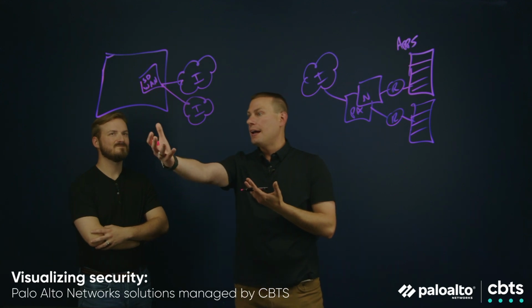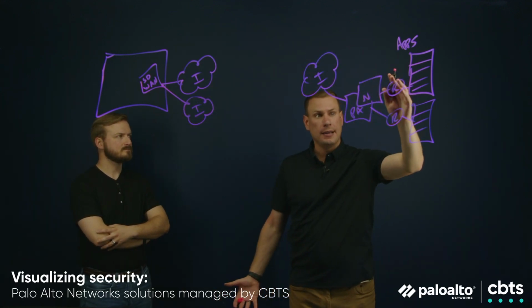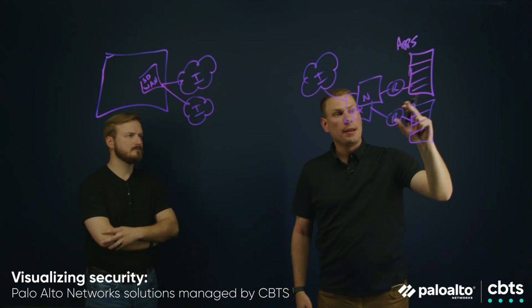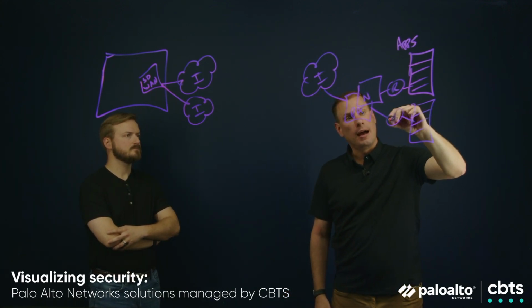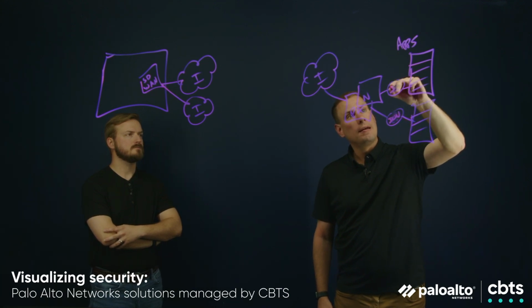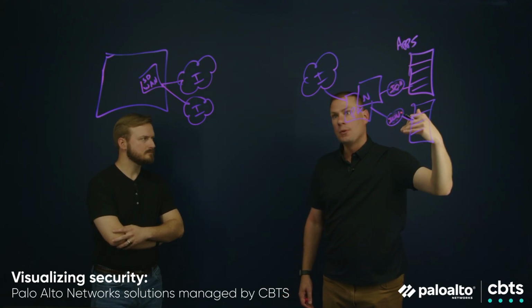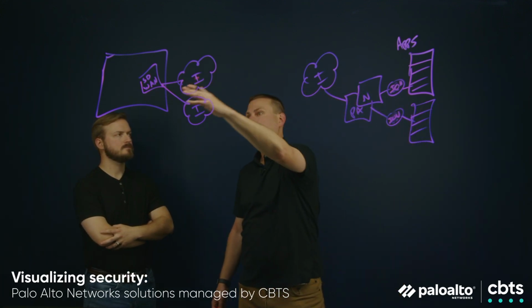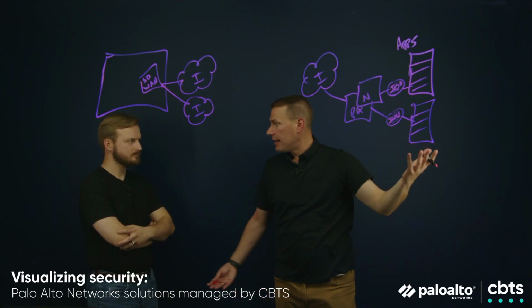Let's drop an Ion in our branch, build auto VPN tunnels back here to my data center where these routers can become Ions as well. So now I have SD-WAN from Palo Alto living in my data center with the sole purpose of connecting my employees at the branch back to the applications that live in the data center.